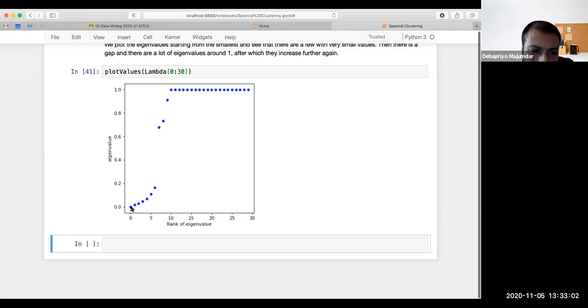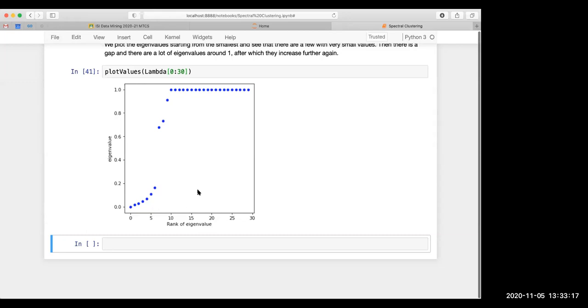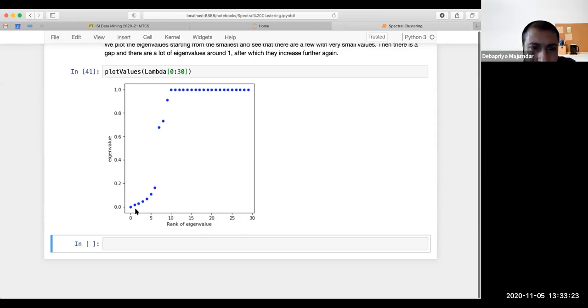Now, what happens if you have 5 zeros and then another 10 nearly 0 and then a huge gap? Then of course you should take all 15. That's a more natural way to go about it. So eigengap is a much better measure, not whether they are exactly 0 or very close to 0. They're all the same.